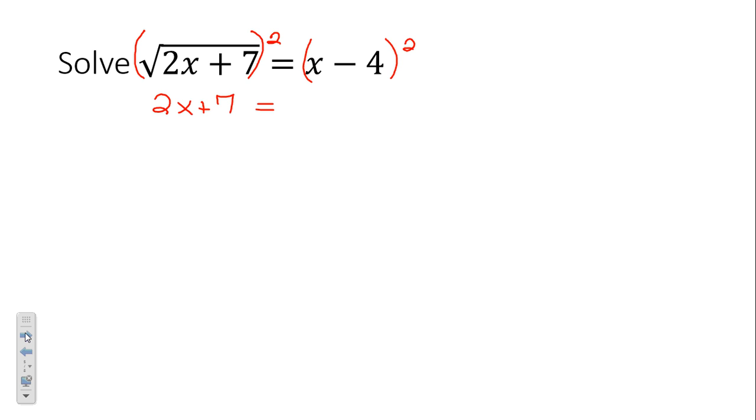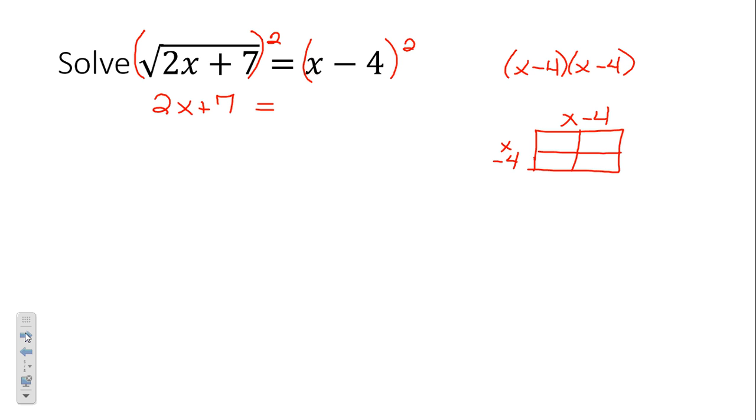Okay. Now, x minus 4 quantity squared. That means we're going to take x minus 4 times x minus 4. Whether you want to FOIL it out or use your product boxes, both work. Or you might start to recognize a pattern whenever we square something. So what do we get when we square that, Ben?